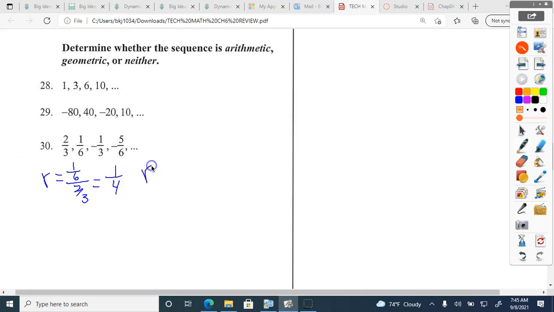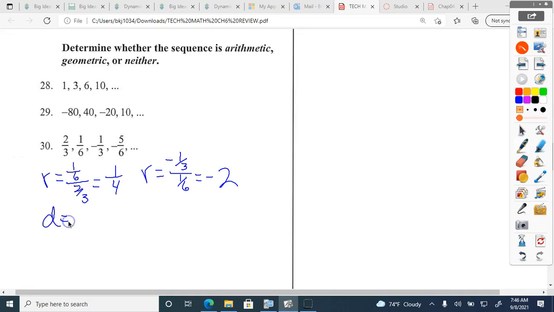So let's do that again. -1/3 divided by 1/6. I believe that's going to be -2. Put it in the calculator real quick. Oops, -1/3, I put 2/3 in. That does equal -2. So the r's are not the same, so it is not geometric.